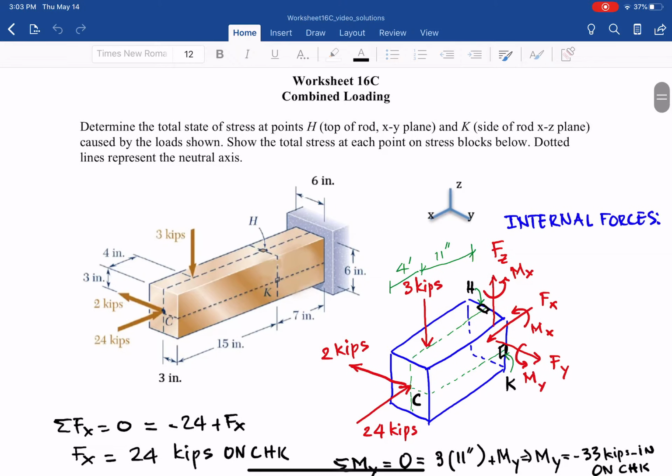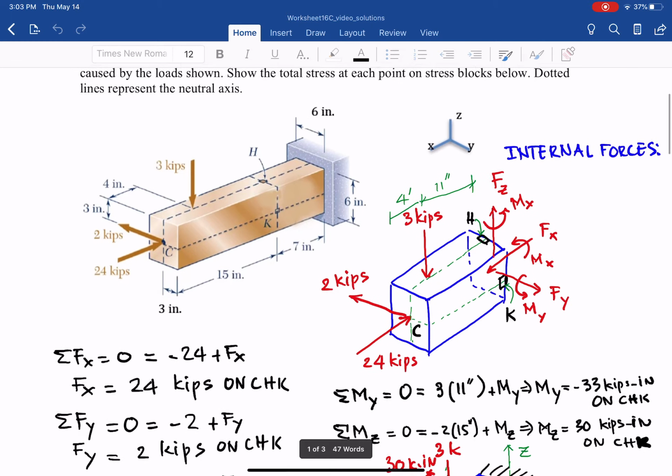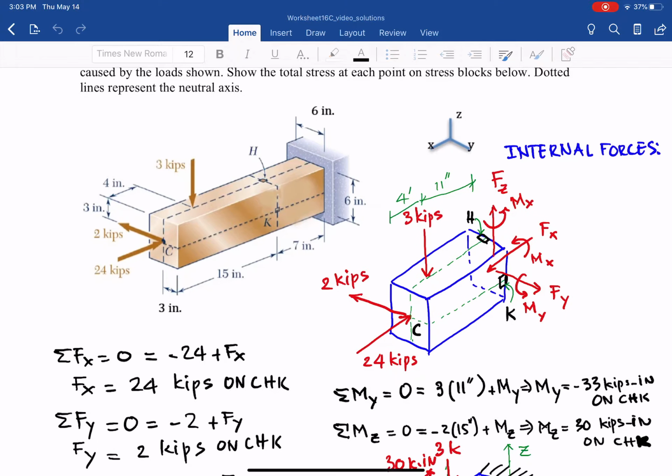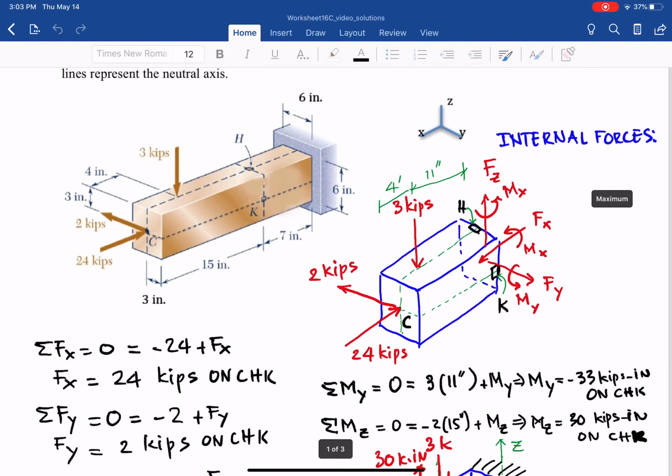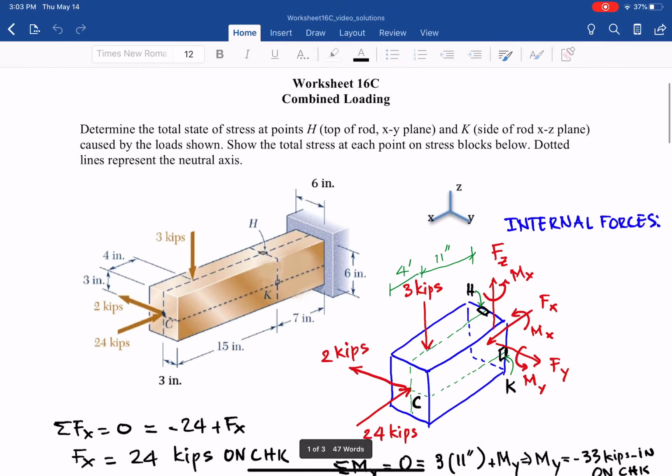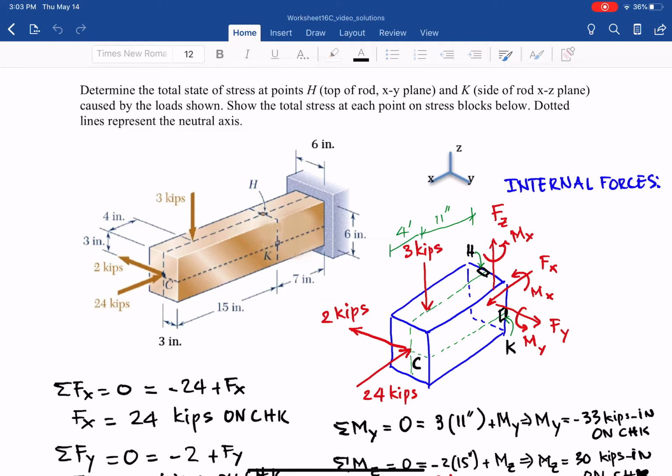And from here, as you are already familiar with the internal forces from worksheets 16A and 16B, I want to continue to complete the solution. For internal forces, let me cut this rod and consider CHK.